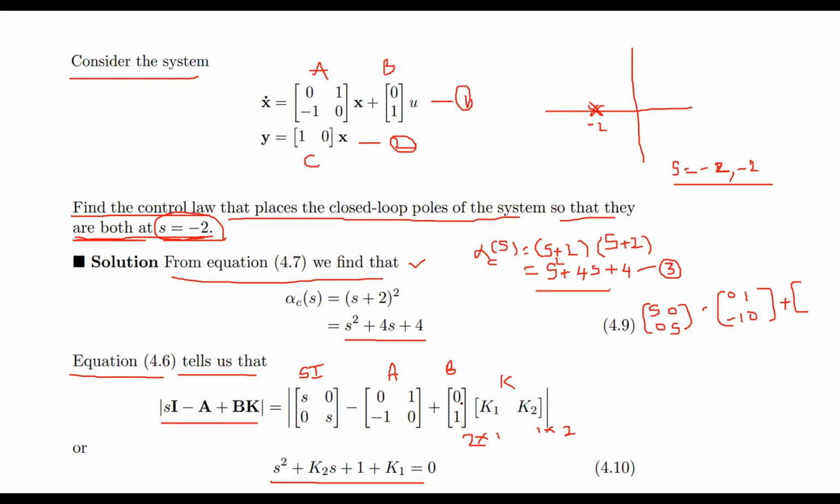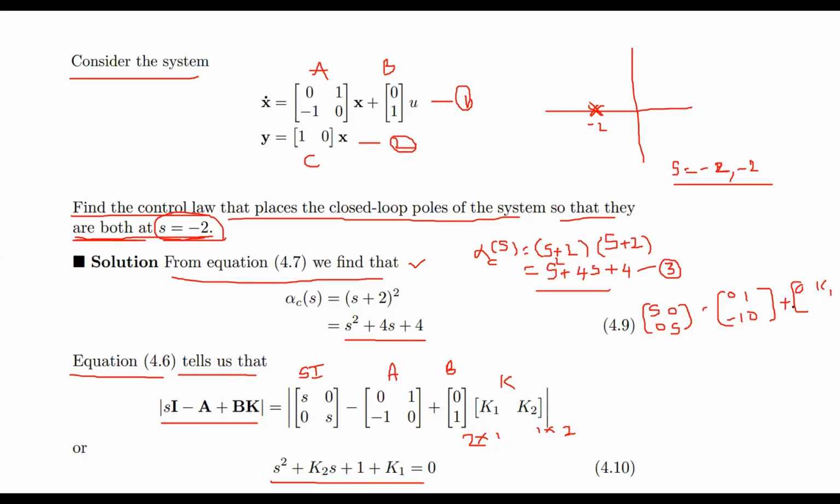That is 0 into K1, which is nothing but 0. What is the next one? 0 into K1 again. What should be the next one? Here I can write 1 into K2, and here I can write K1.